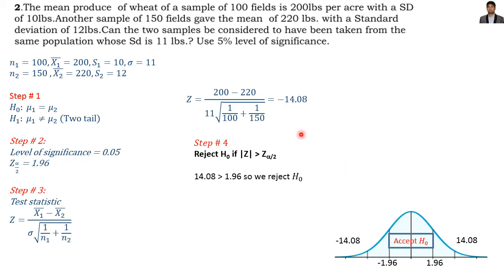Since the value minus 14.08 is outside the region, we reject H0 as 14.08 is more than 1.96. So maybe they are not from the same population.